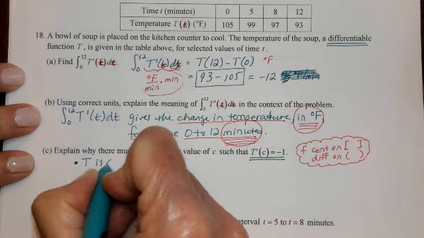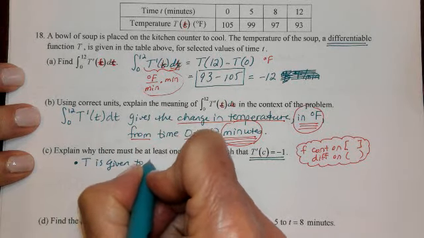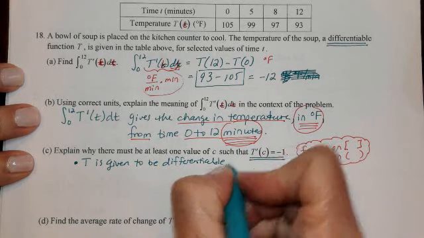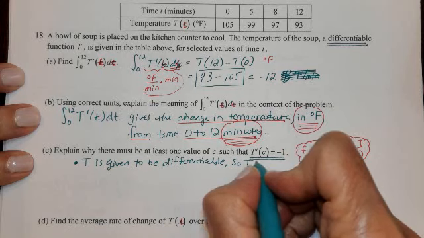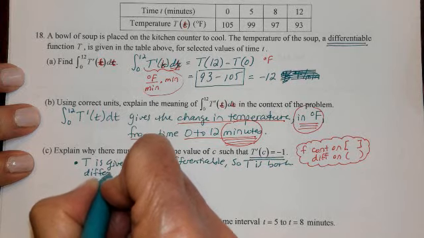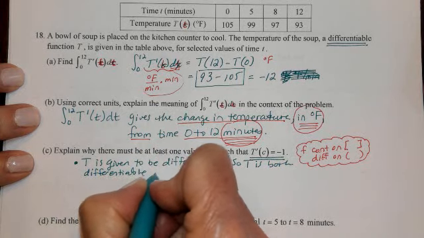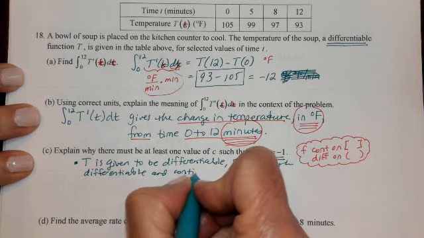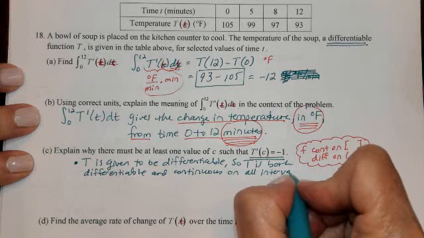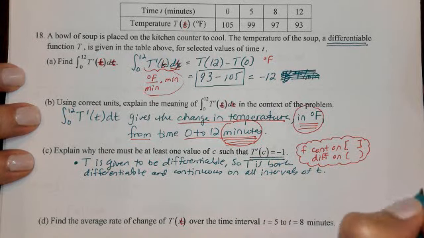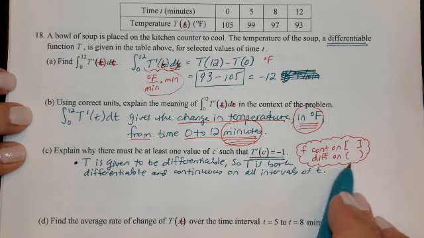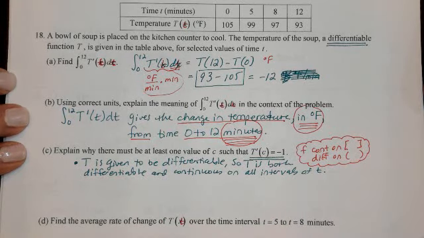T is given to be differentiable, so T is both differentiable and continuous on all intervals of time. Okay? So by saying that, we take care of all intervals, not just the interval that we are required to have here. Okay?